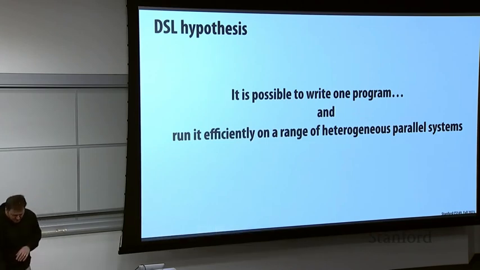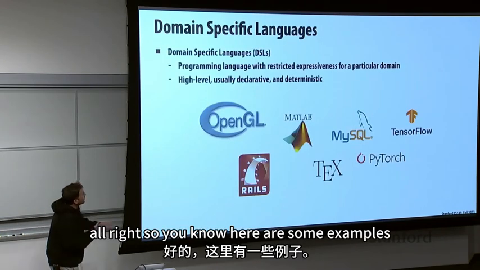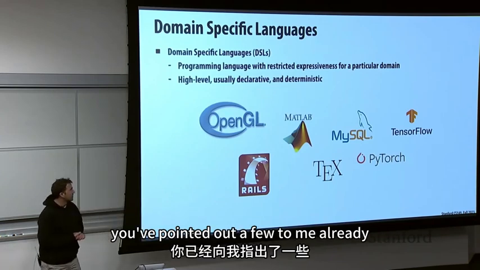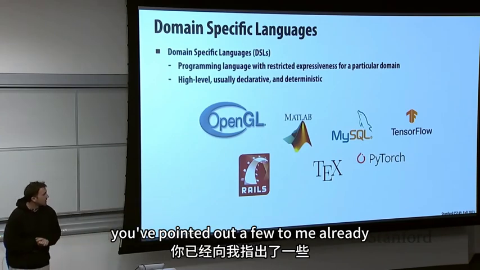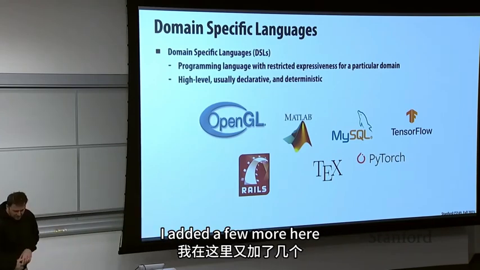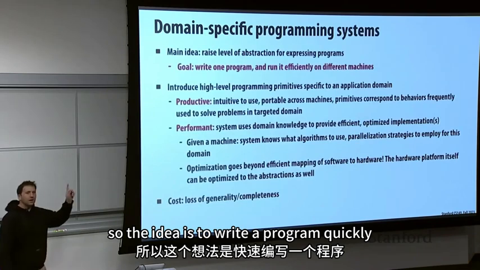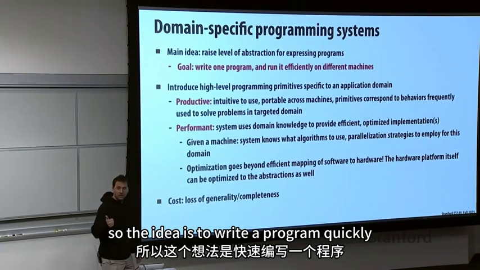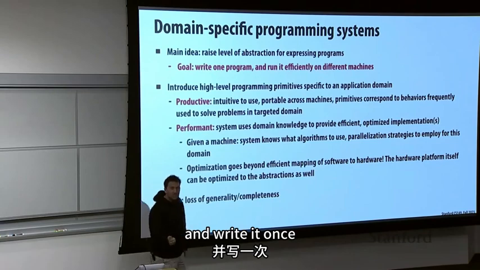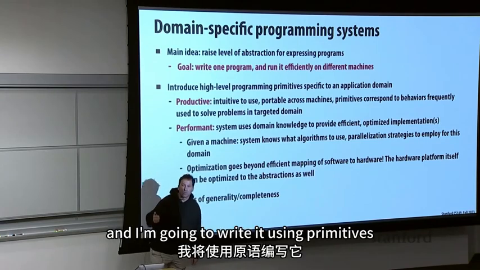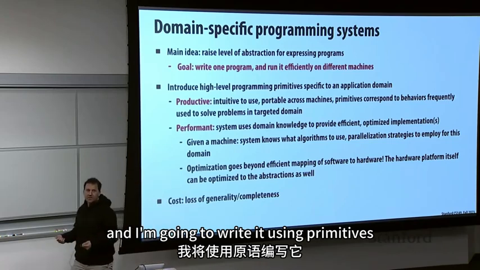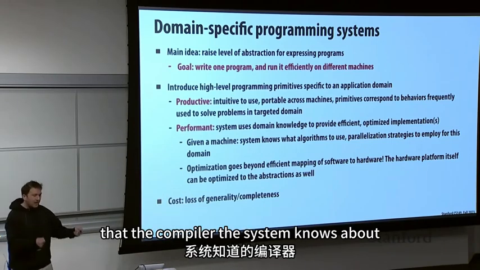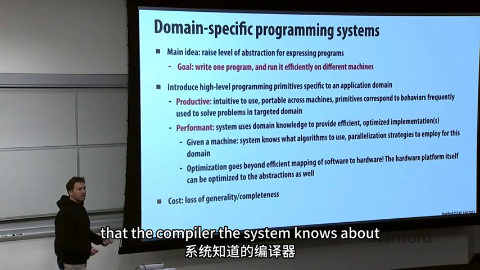Okay. All right. So, here are some examples. You pointed out a few to me already. I added a few more here. So the idea is to write a program quickly and write it once. I'm going to write it using primitives that the compiler, the system knows about.